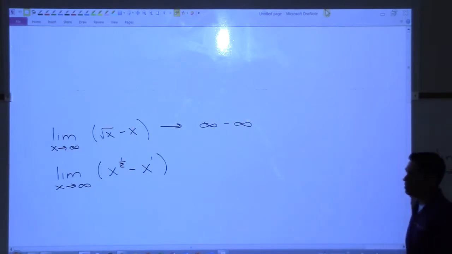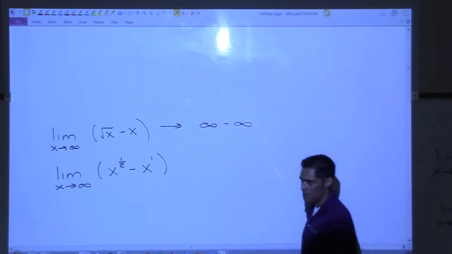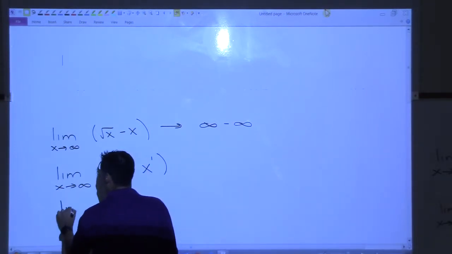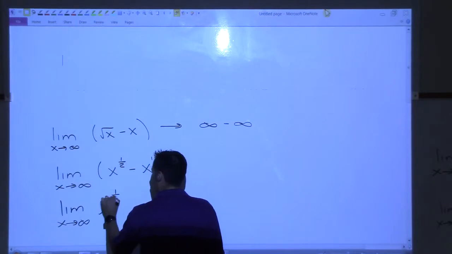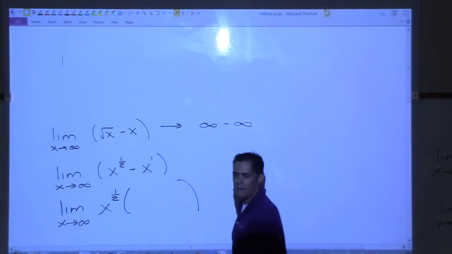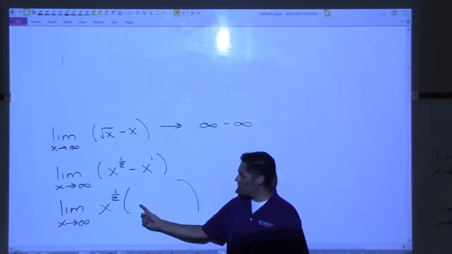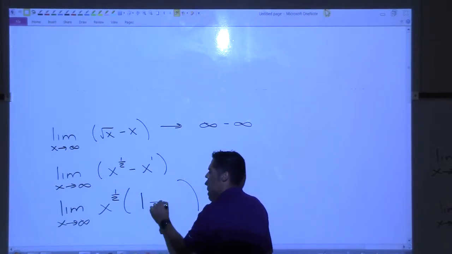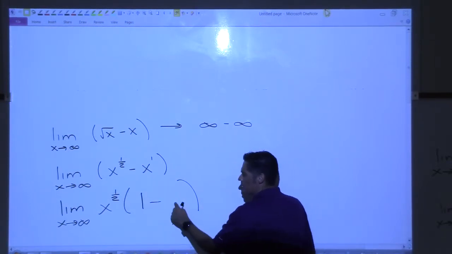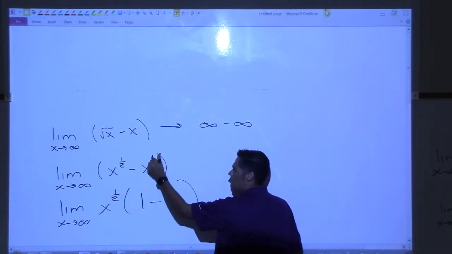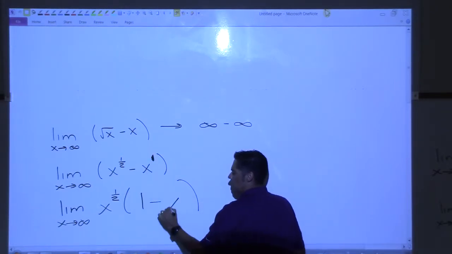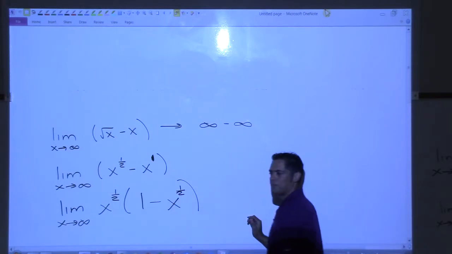What's the common factor? x to the 1/2. Well, let's think about that. If you pull an x to the 1/2 out, you have to get back this, right? So what's the first term here? 1. Minus, now what do you need here to get back x to the first power? x to the 1/2 again, right?